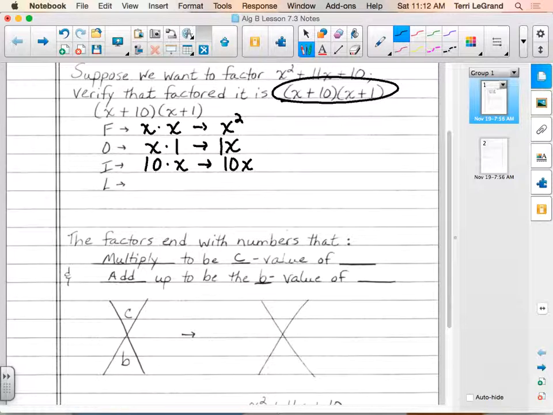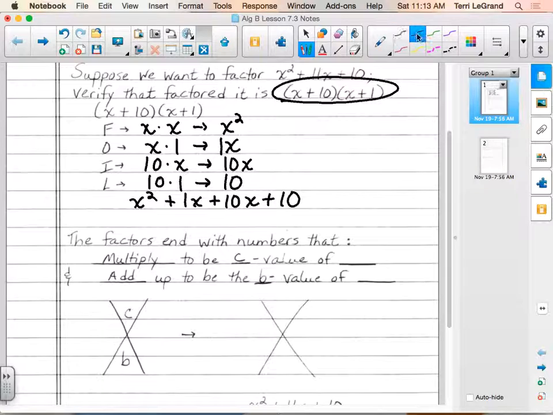And the L step, our last terms times each other, 10 times 1, which is 10. And remember that what we do with these is we set up an addition problem, so we have x squared plus 1x plus 10x plus 10.